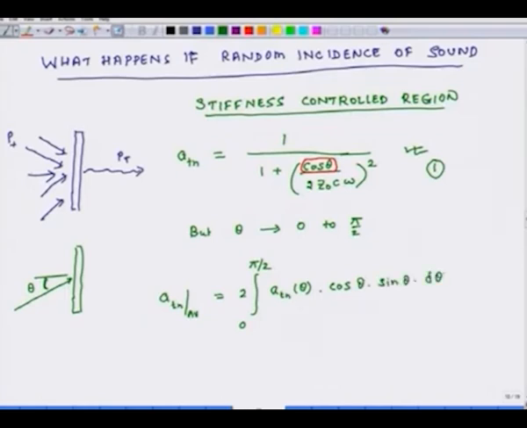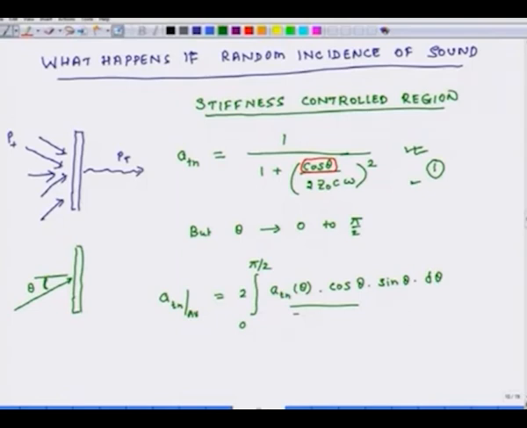If I integrate this from theta equals 0 to pi over 2 radians, I get the average attenuation offered by the wall, which is being hit by sound coming from all directions. So, I have to integrate this relation where the value of attenuation for angle theta is defined by equation 1.